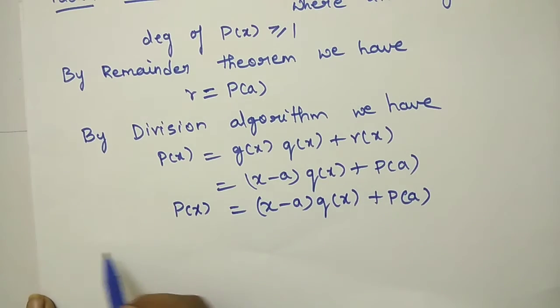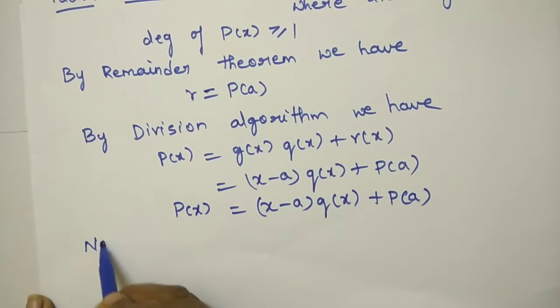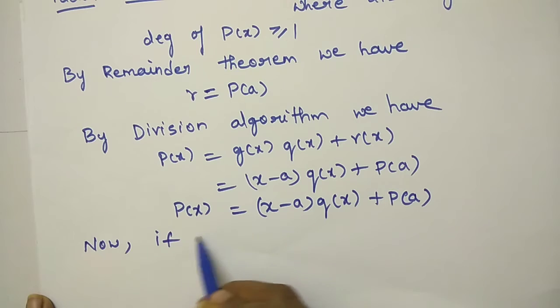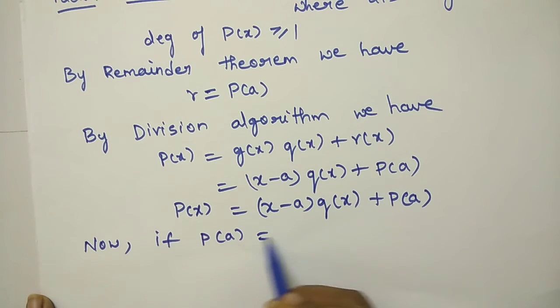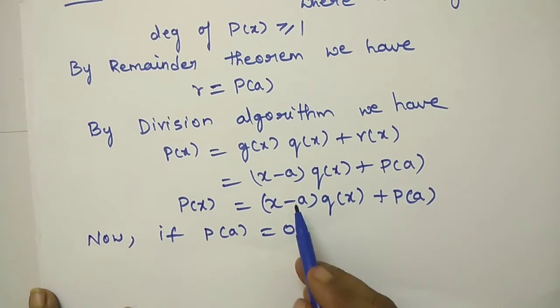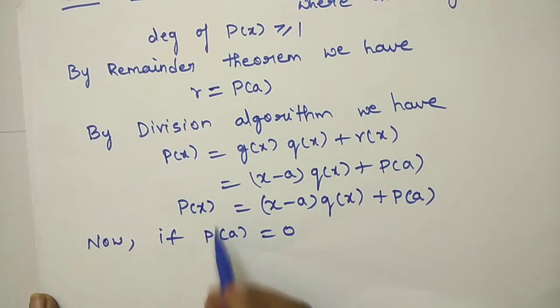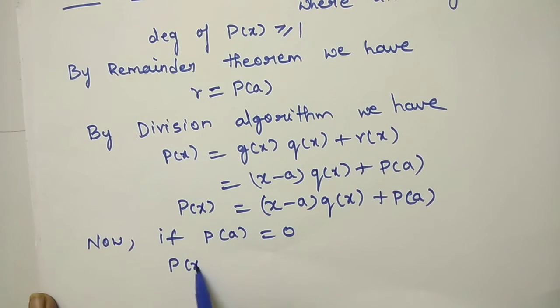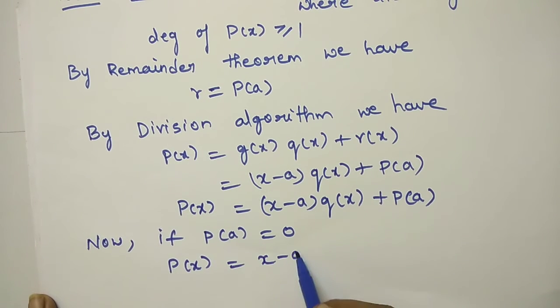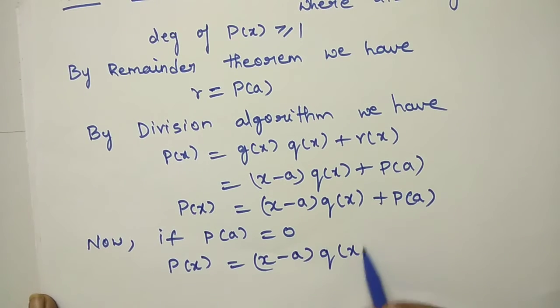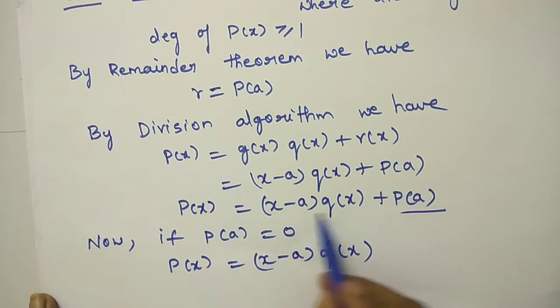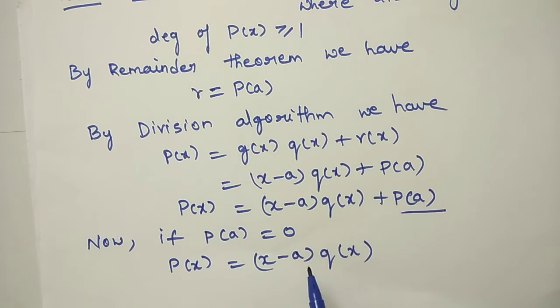Now, if P of a is equal to 0, if this becomes 0, then you will get P of x is equal to x minus a into q of x. So it is clear that the polynomial P of x can be expressed as a product of a linear polynomial x minus a and a polynomial q of x.